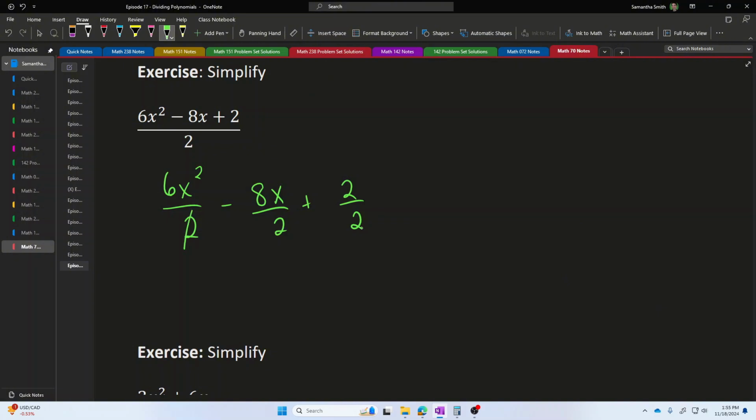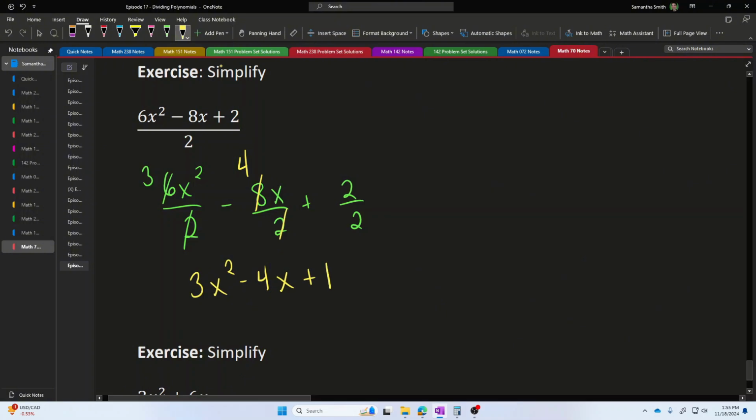And if I cancel those common 2's, I'm left with just 3 here. 8 is the same thing as 2 times 4. If I cancel those common 2's, I'm left with just 4. And 2 divided by itself results in just 1. So I have 3x squared minus 4x plus 1. That would be the result of dividing this polynomial by 2.